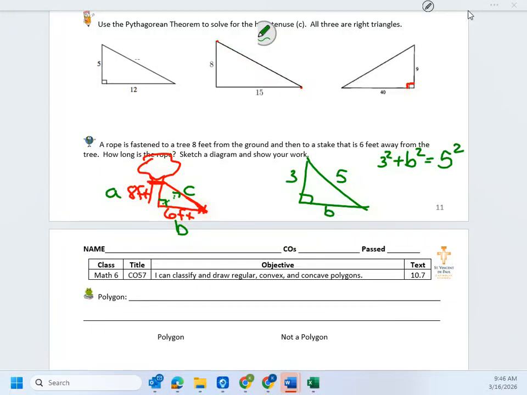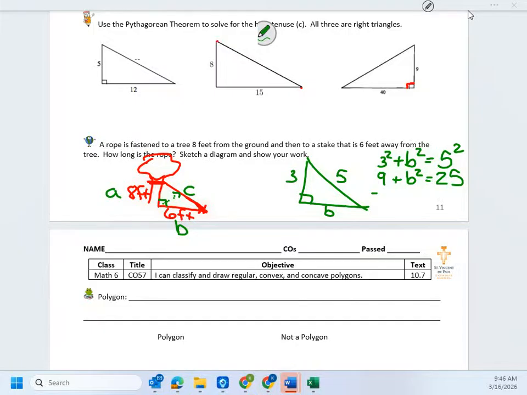So 3 squared plus B squared equals 5 squared. So then I figure out my squares. 3 squared is 9, this is still B squared, and 5 squared is 25. Now I have to do that opposite operation, because I can't say 9 plus B squared. I want to find out that B squared on its own.